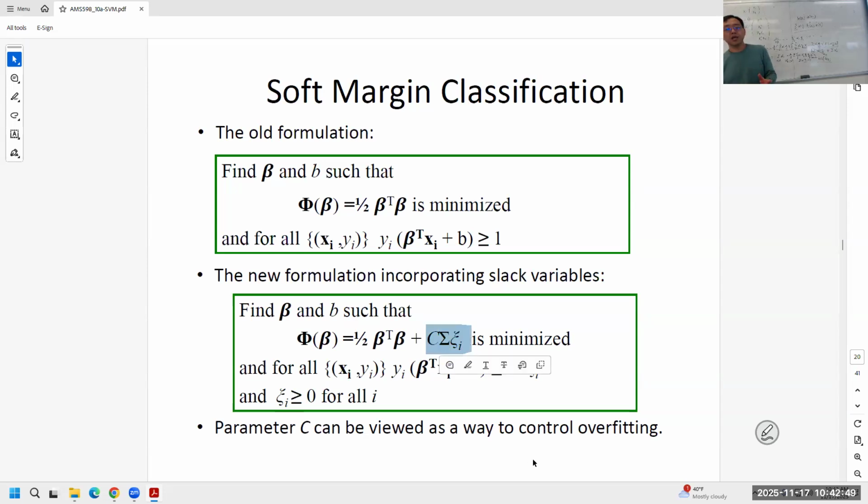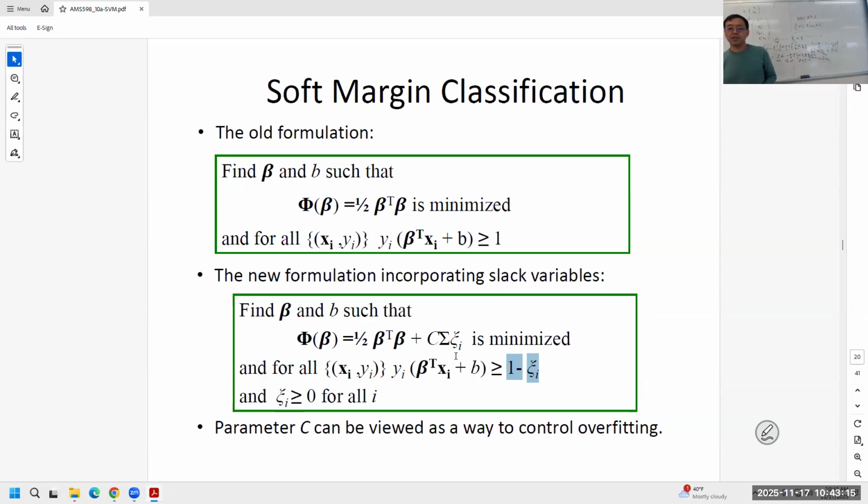Because if you don't really control it, then you can basically draw any line, and then it doesn't really matter, right? So minimizing the summation of psi is basically saying I want most of my points on the right side, so their psi equals 0. But there are some that can go to the other side. If I really cannot separate them, I'm allowing them to go to the other side of the boundary.